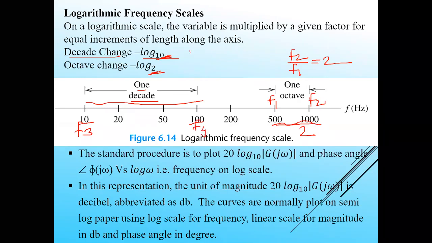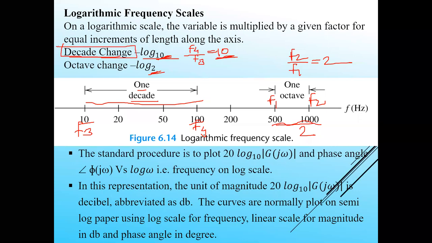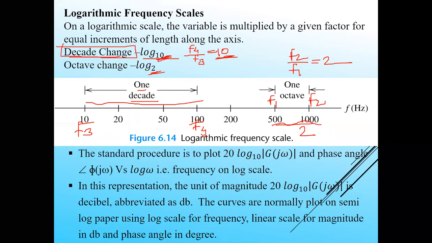So if f4 upon f3 is varying 10 times, or that change is multiply by 10, like that change is there, that change is known as a decade change, then the logarithmic scale to the base 10 has been taken.